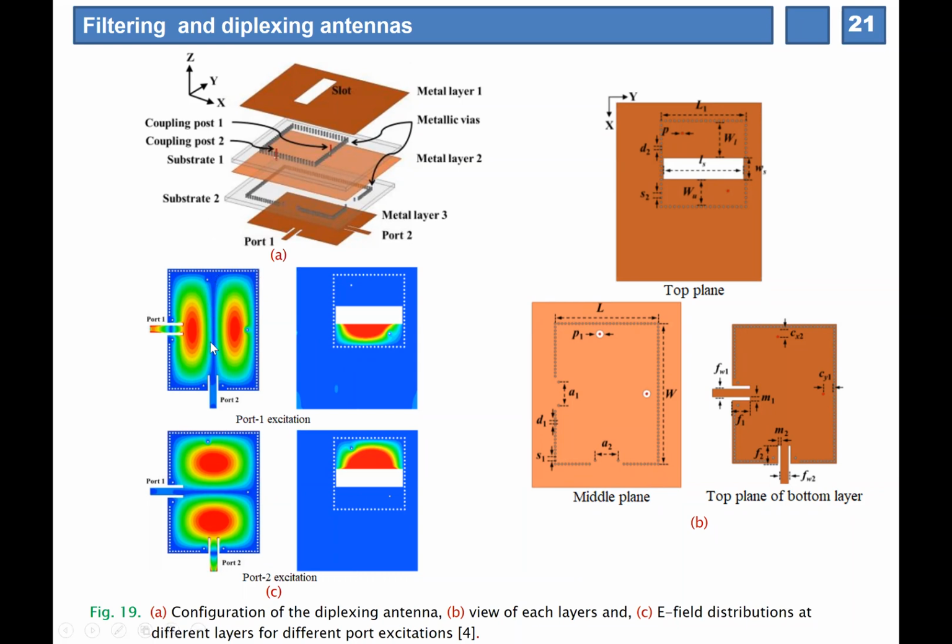Mid plane means this plane. So the energy coupling through this post is minimum, but this post is creating some coupling. Similarly, you see post 2 will be activated, or will be transmitting energy, or will help to couple the energies when the structure is excited at port 2, right?